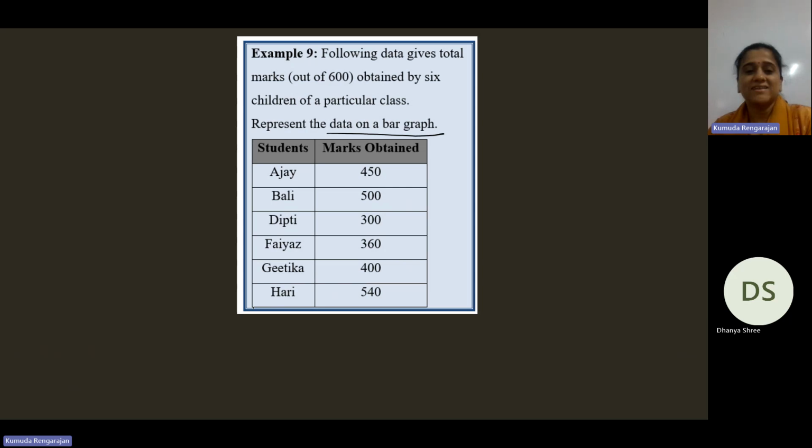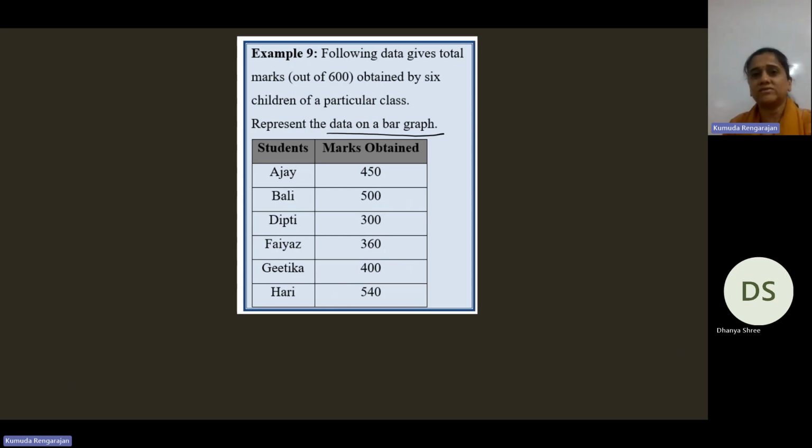Okay. Now we have nothing else to discuss except the scale. Because along the x-axis, you will have to show Ajay, Bali, Deepti, Fayaz, Geetika, and Hari, like you showed red, blue, green, yellow, orange. You'll have to show the names along the x-axis.